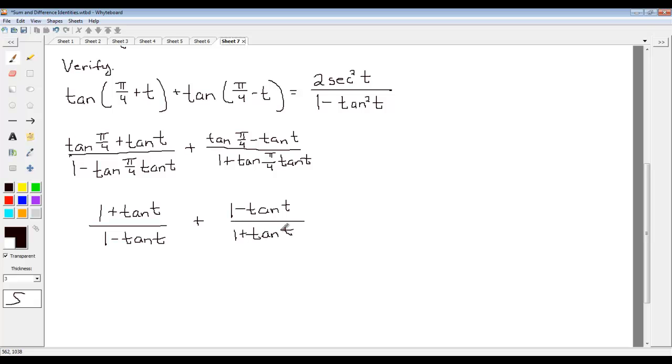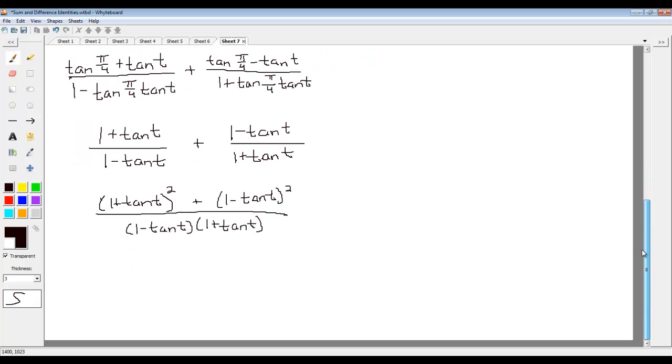So these fractions are starting to get a little simpler. Then I'm going to get a common denominator. Multiply top and bottom here by 1 plus tan t, and multiply top and bottom there by 1 minus tan t. So the denominators are common now. They're going to be 1 minus tan t times 1 plus tan t.